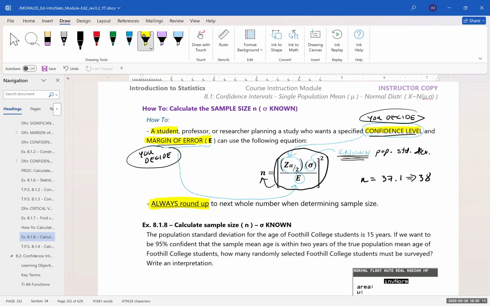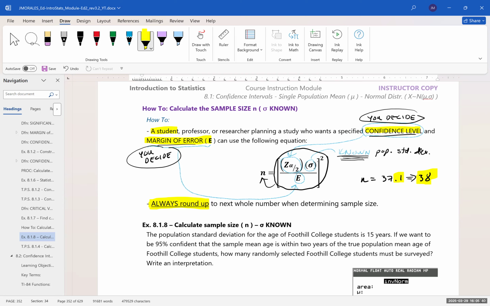Even though your past experience in algebra would tell you, oh, this is a 0.1, I need to round this down to 37, you need to go against that training and realize that when you're calculating sample size, you always want to round up. The reason is you want to be conservative.